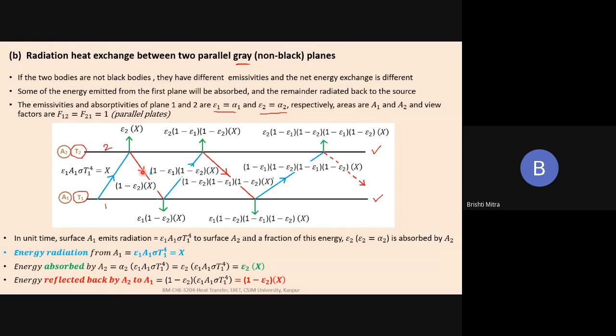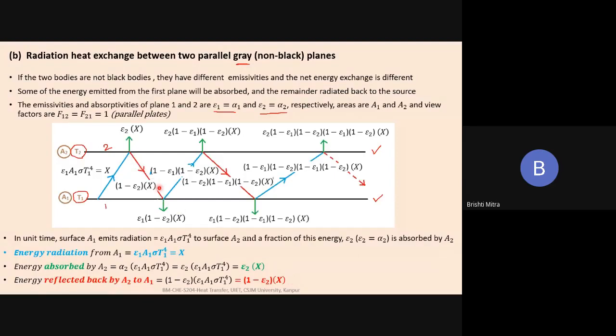So if transmittance is equal to 0, then there are 2 possibilities: it can be absorbed, or it can be reflected. So if epsilon 2 part is absorbed, the rest of it, 1 minus epsilon 2, is reflected back. And so the energy reflected back by A2 to A1 is equal to 1 minus epsilon 2 into X.